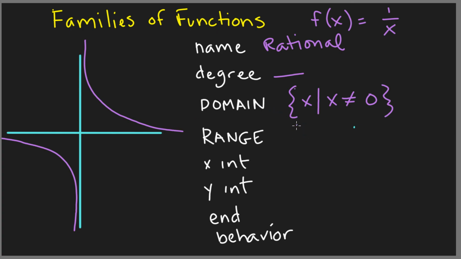So my range is going to be the same: y such that y cannot be equal to 0. If x can't be 0 and y can't be 0, we're going to have no x or y intercepts.